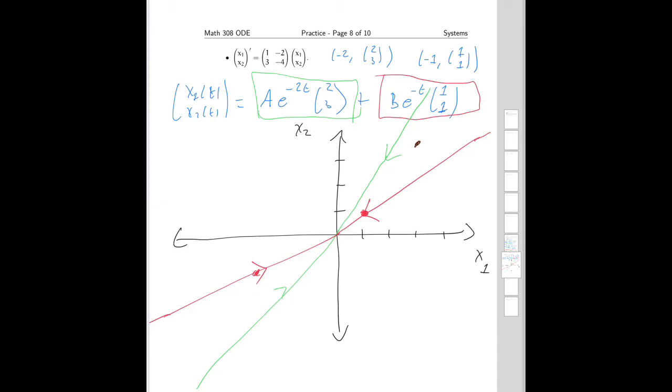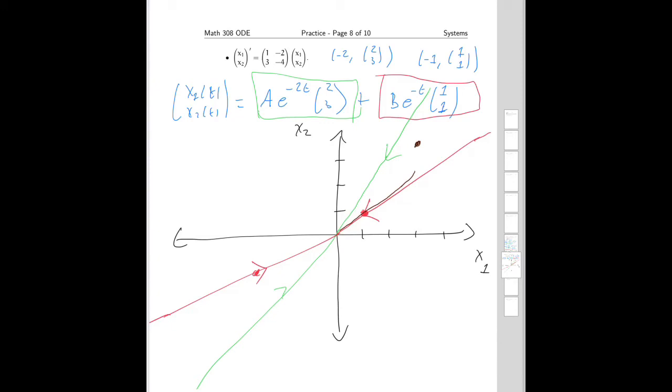So for very large values of t, the red vector is going to be the dominant vector. And since the solutions are all going to 0, they are going to get closer and closer to that vector.